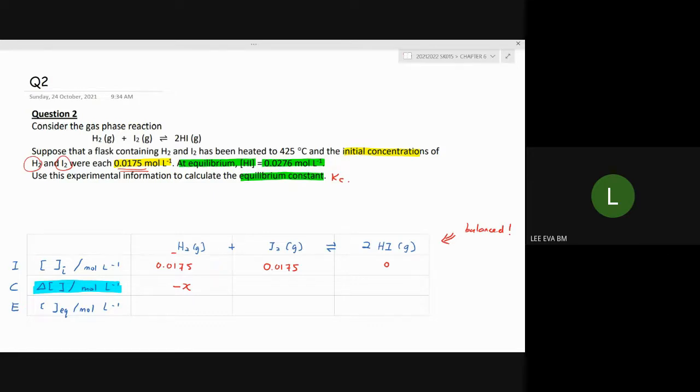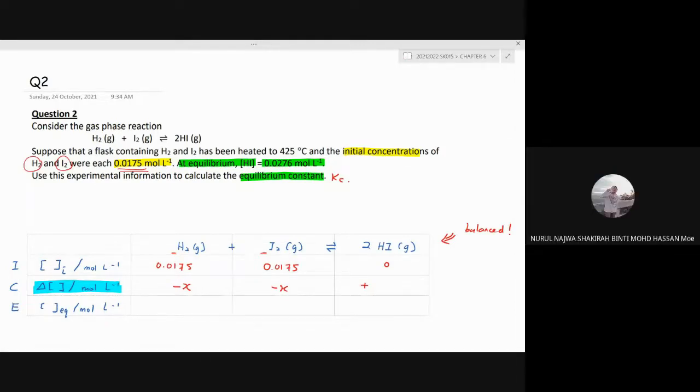Okay. How about for iodine? How many are you going to subtract? Minus 1X as well because the coefficient is 1. Now, initially we don't have any product HI. So after a certain time, the change in concentration will be an increase. So kita akan tambah concentration untuk HI. But how many am I going to add? 2X.